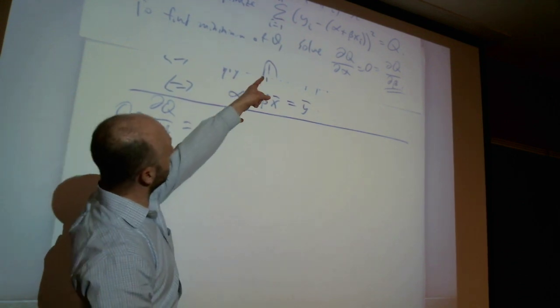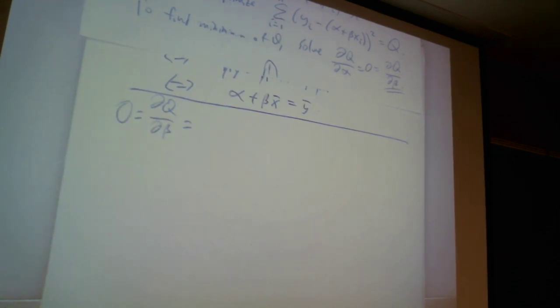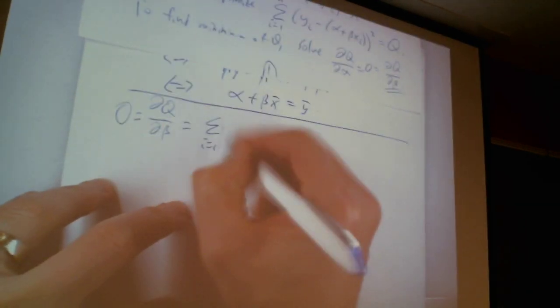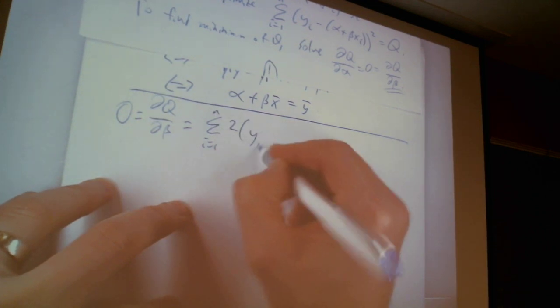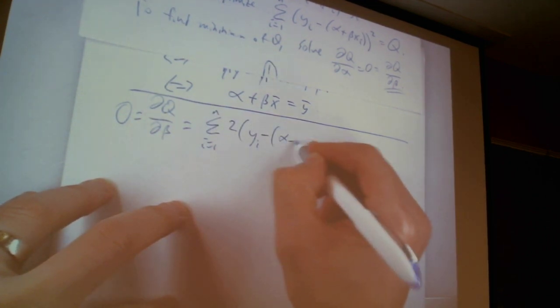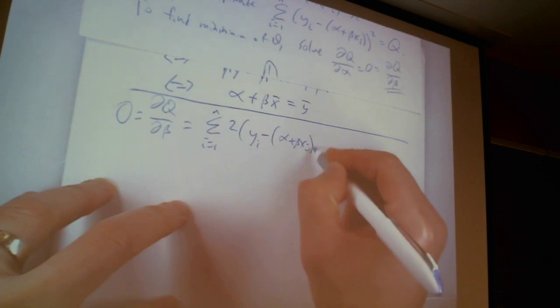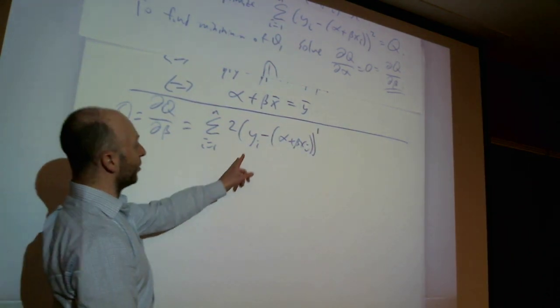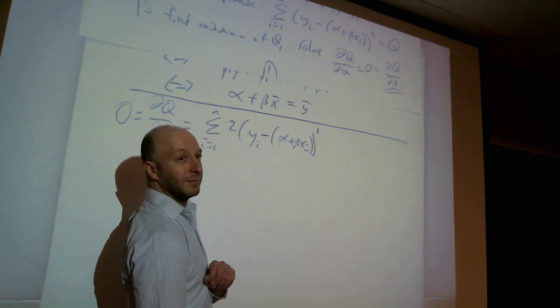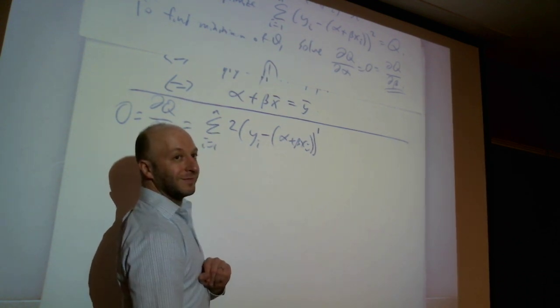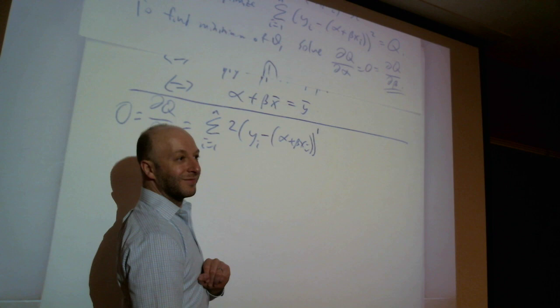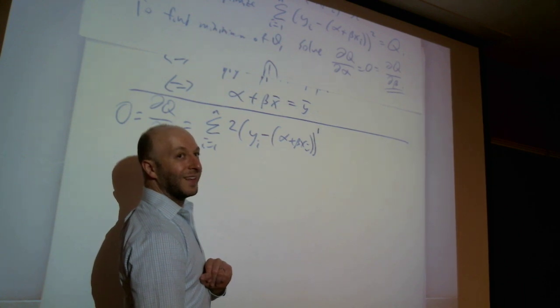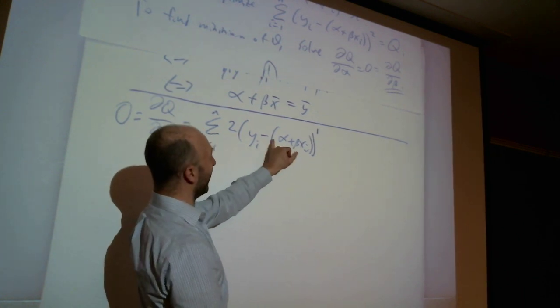Okay, so now we're differentiating with respect to beta. We still get a sum as i goes from 1 to n. We still get a 2 times yi minus alpha plus beta xi to the first power instead of squared. And the chain rule term is now negative xi. Be careful with your derivatives.